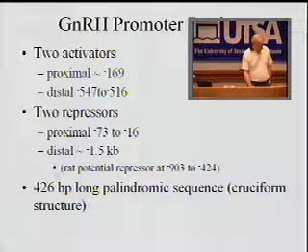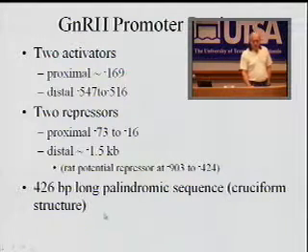It's a little bit different in the rat, but that's not of great concern for us. Just always reminding us that there can be species differences. The 426 base pair long palindromic sequence can form a cruciform structure.